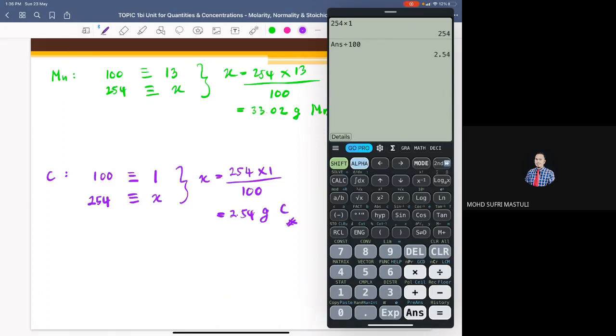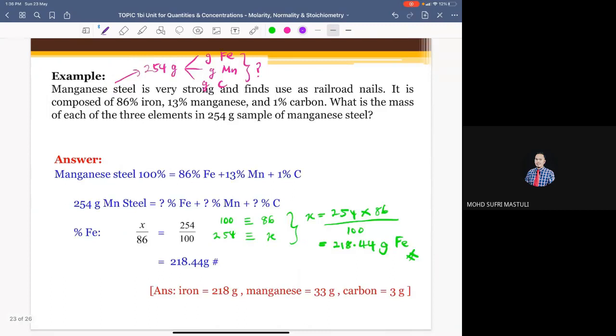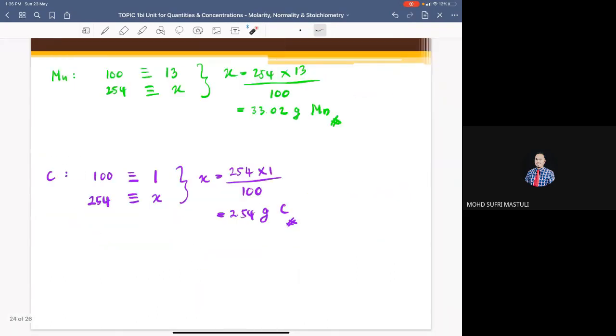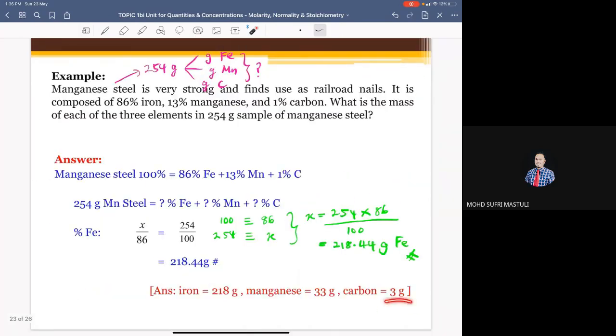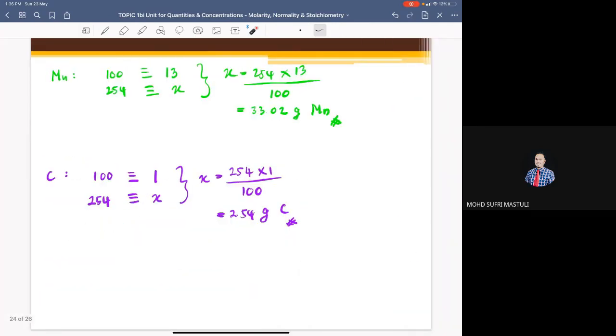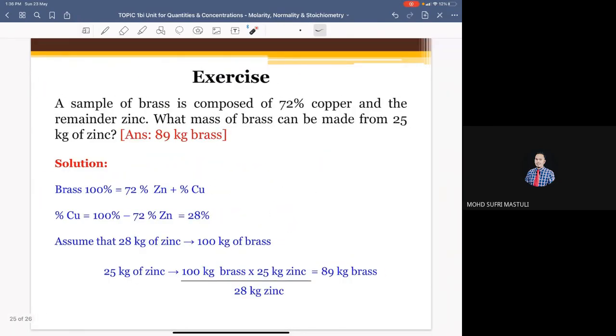Okay, so yeah, it can be rounded up, or it can be 2.54 gram.